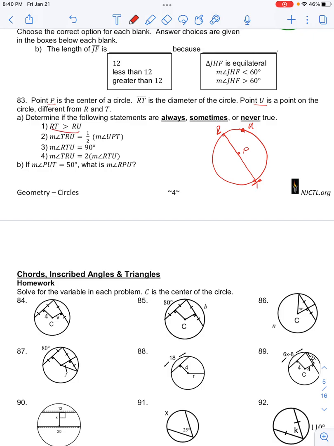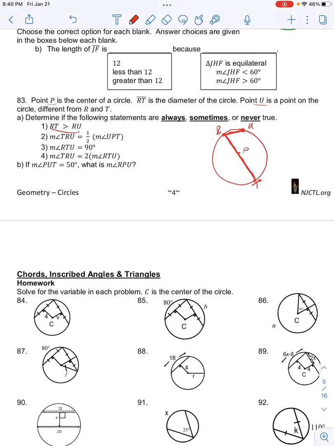So RT is greater than RU. That means this segment RT, the diameter, which is the longest distance across 2 points on a circle, is greater than RU.